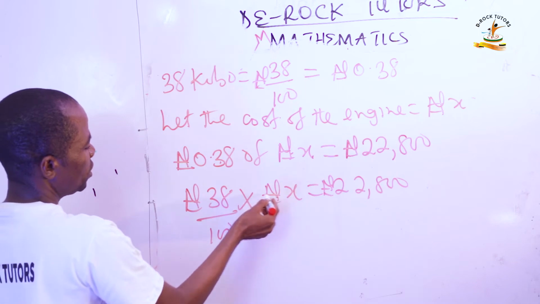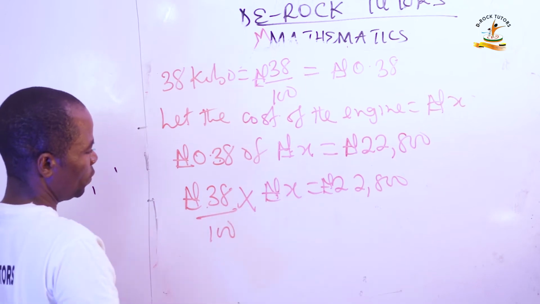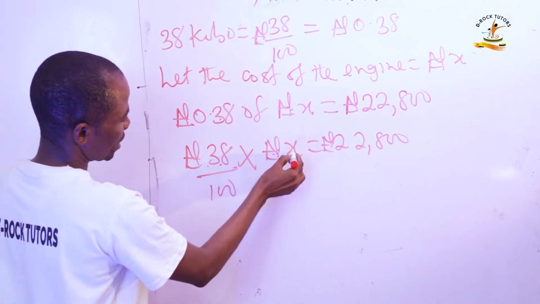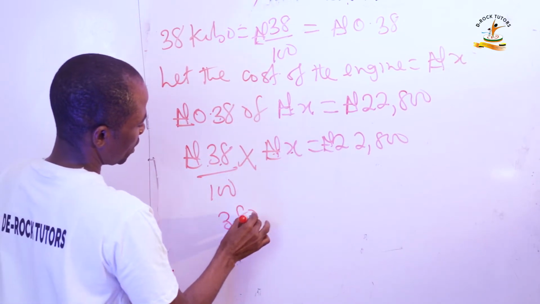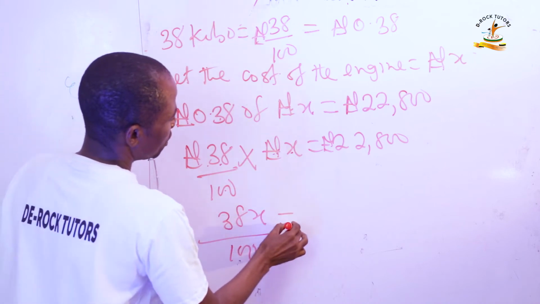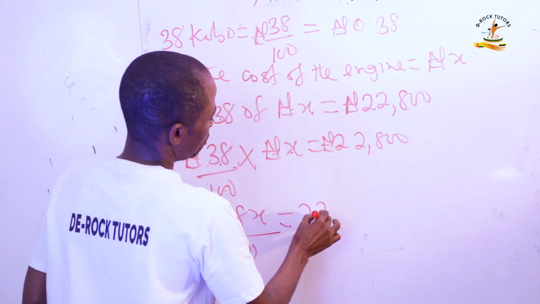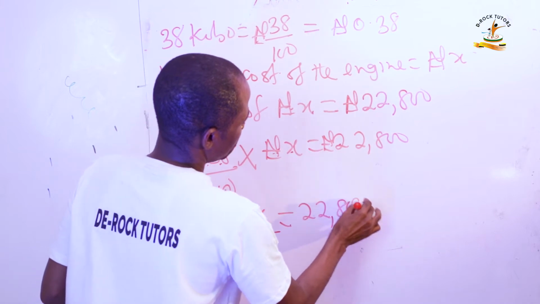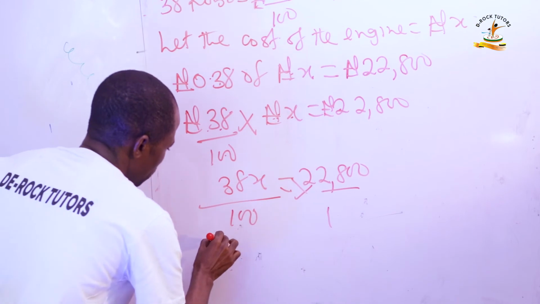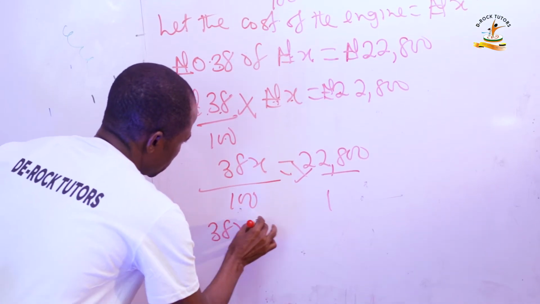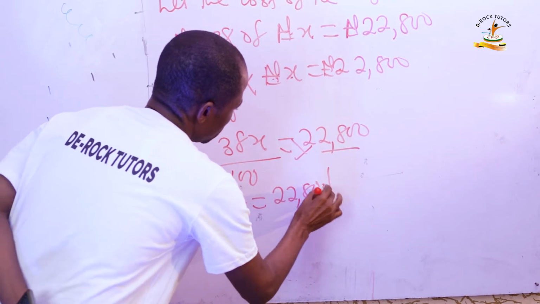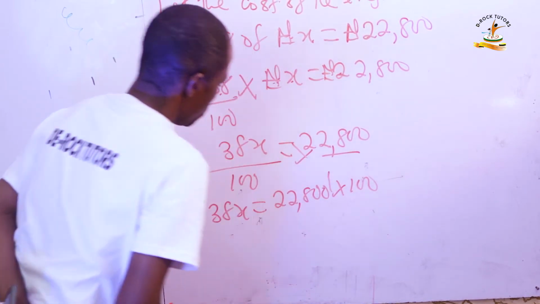is equal to 22,800. For convenience, let's get rid of the naira sign first. 38 times x gives us 38x over 100 is equal to 22,800. Now, if you cross multiply, then we have 38x is equal to 22,800 times 100.